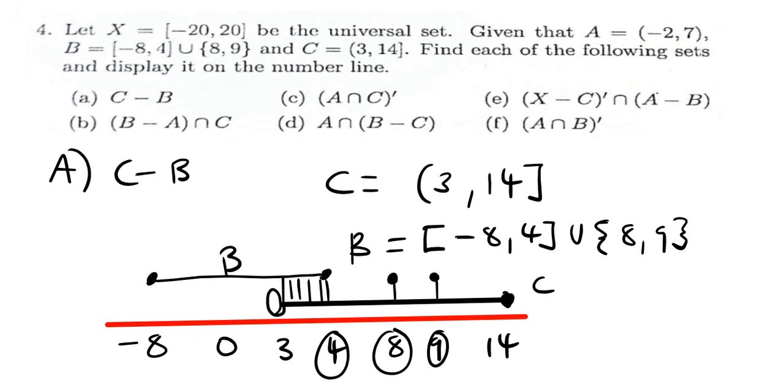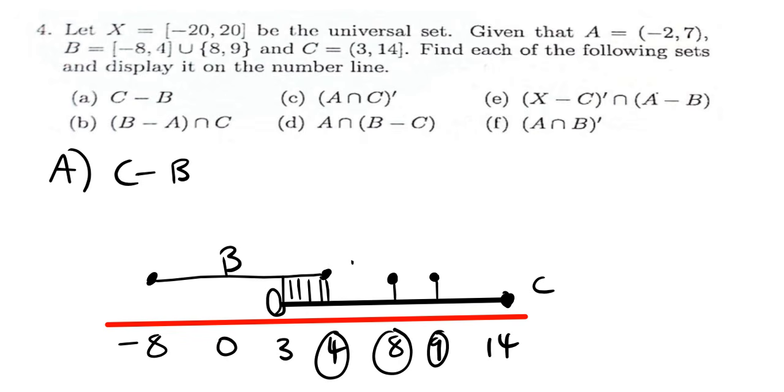So how am I going to write it? Allow me to just rub this part. We're removing B, this part, that point, and that point. Then what remains is our final answer. What has remained is 4.